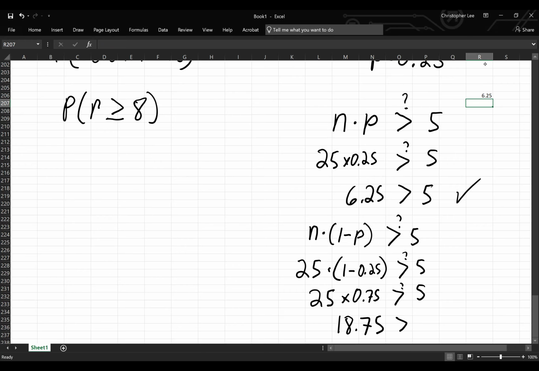Let's think about this for a second. Let's say I change that R to an X. Kind of starting to look a little bit more familiar. What am I going to change the X into that I know how to do?